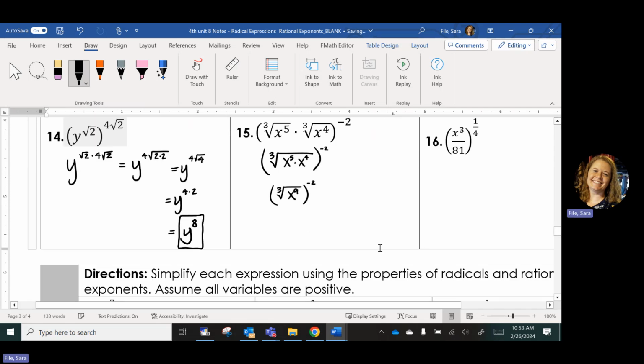Okay. Now I can rewrite the cube root as the 1/3 power, can't I? So this is x to the 9th to the 1/3 power to the -2 power. So when we've got powers to powers, we multiply, right? What is 9 times 1/3?